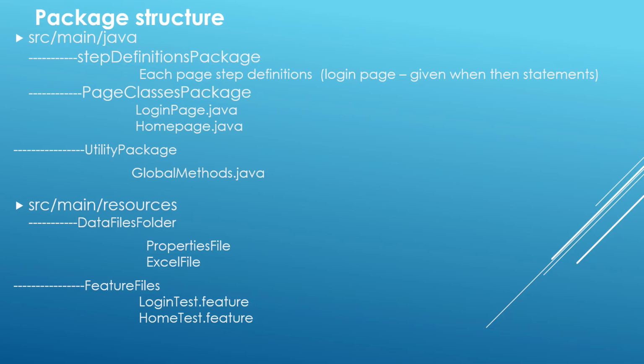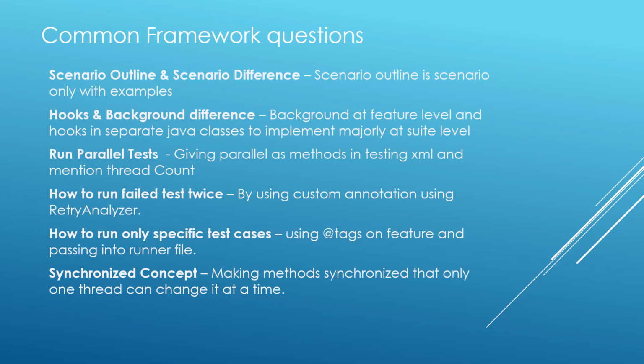So I have one more slide where I'll talk about important Cucumber based questions or project framework questions that the interviewer generally asks. So let's move to the next slide and talk about that. So these are the common questions that the interviewer generally asks. In the feature file you mention Scenario Outline and Scenario. So here we have seen sometimes we mention Scenario Outline and sometimes Scenario.